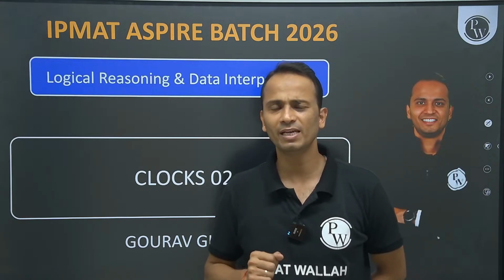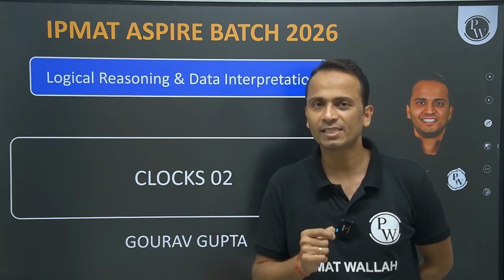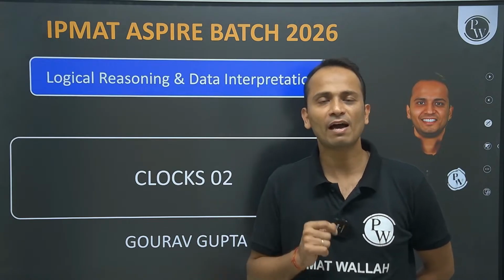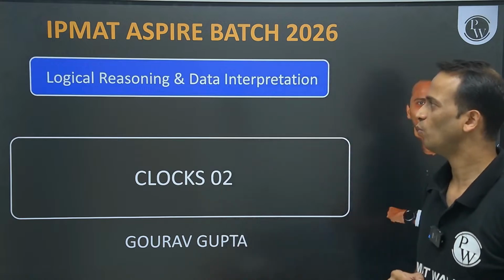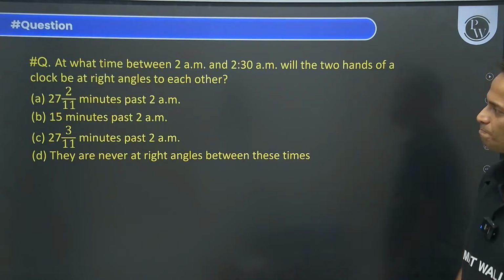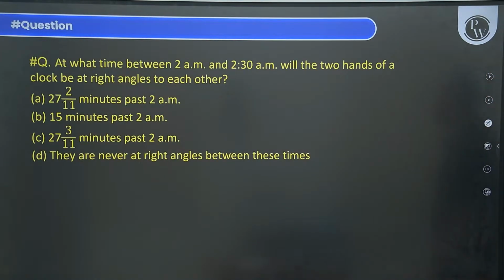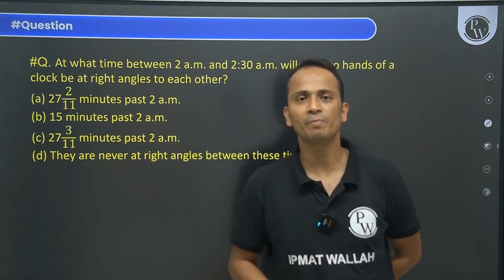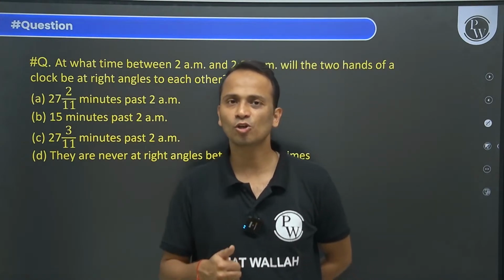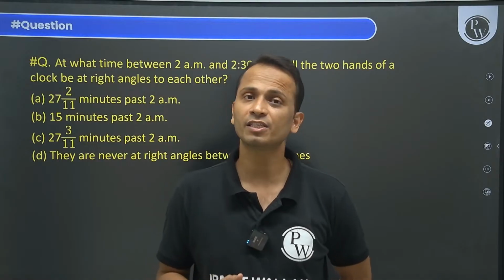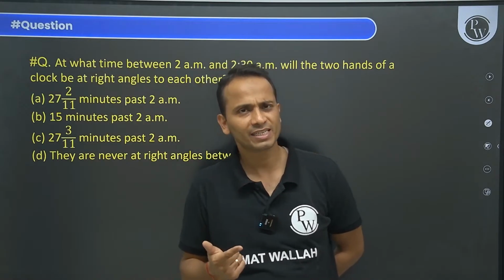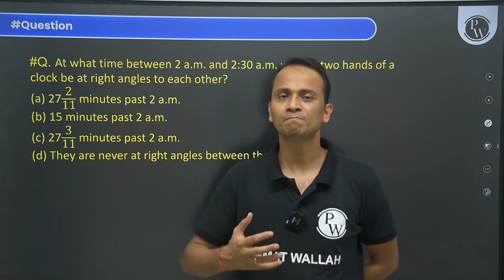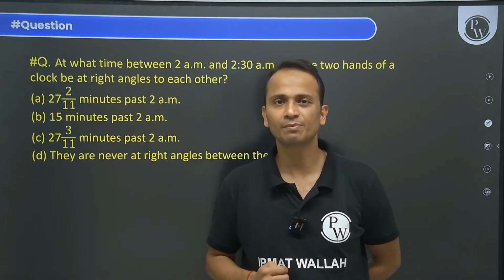So let's start with a small round of revision. Revision नहीं बोलूंगा मैं. Let's have a small test on whatever we have covered in the last class with one example. So we have done the questions related to the angles between the hour hand and minute hand, right? So in the last class, we have discussed the speed of minute hand, the speed of hour hand, and then two different types of questions.